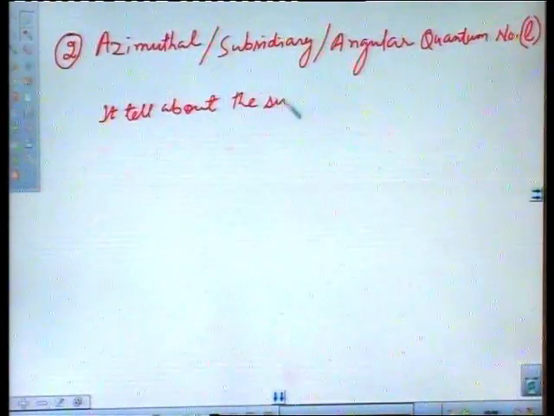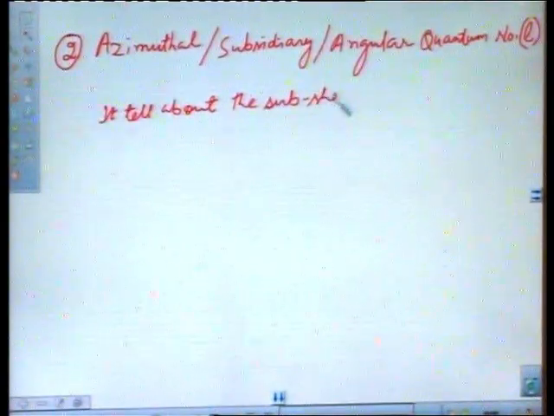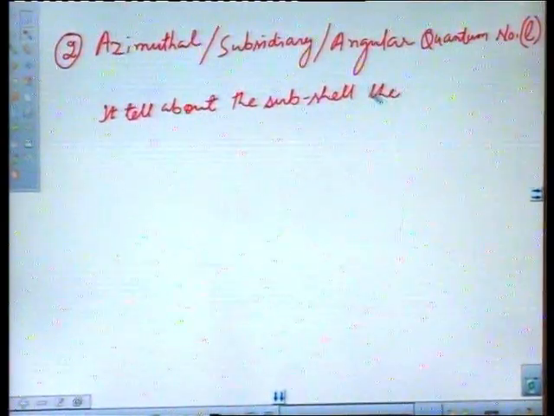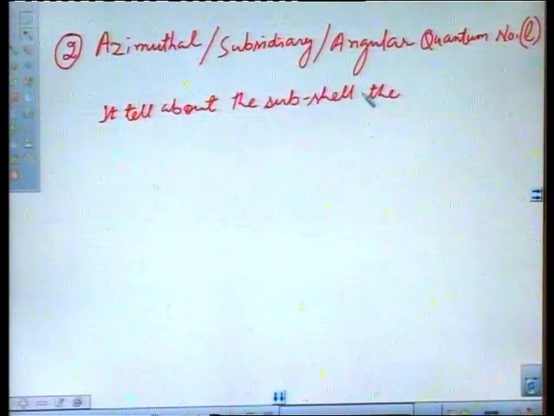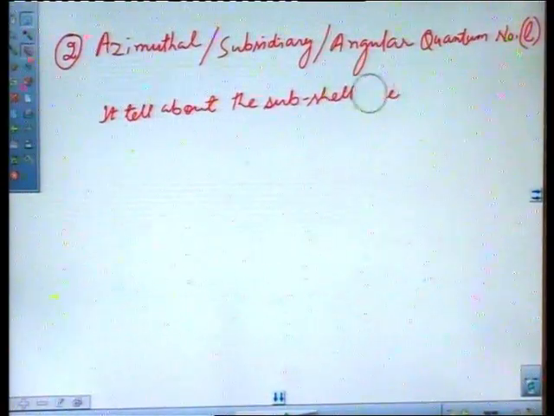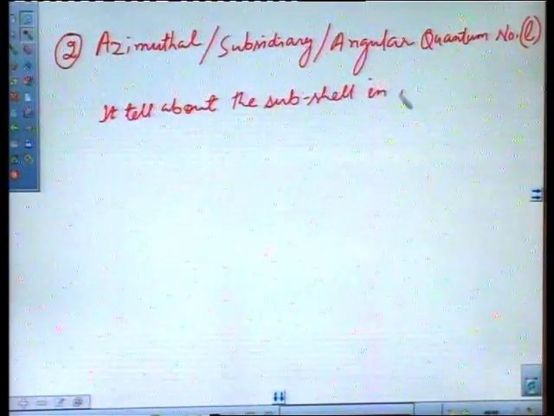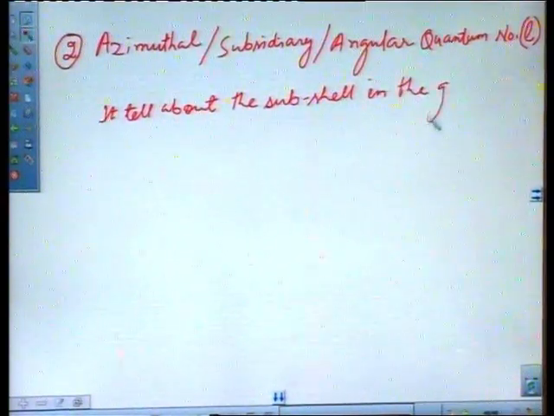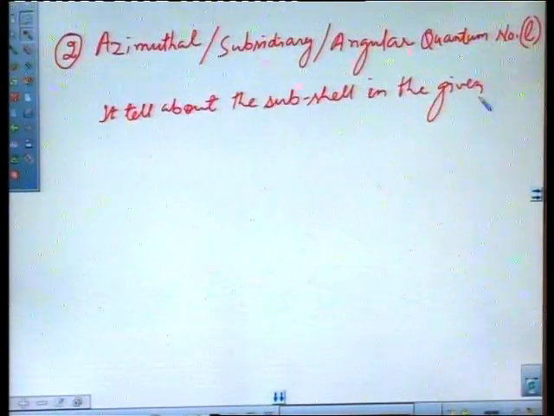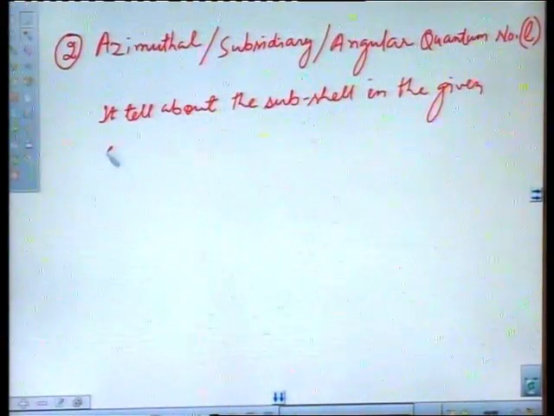It tells about the subshell in the given shell.